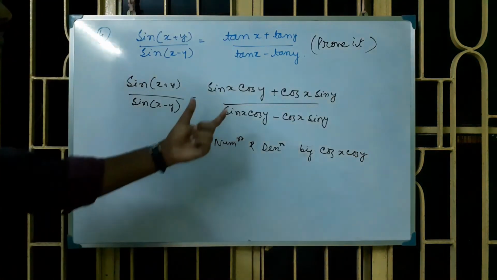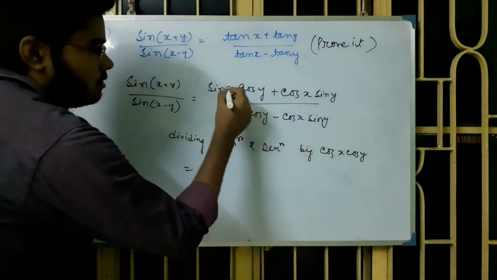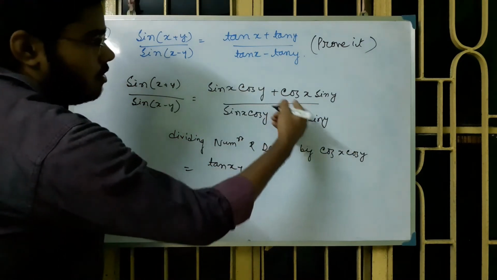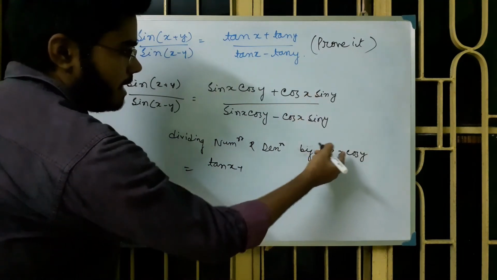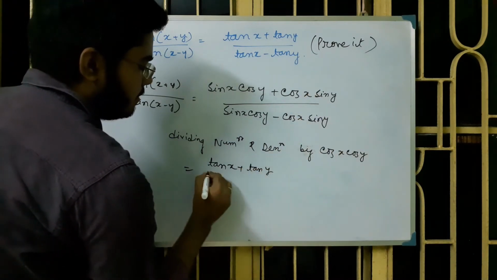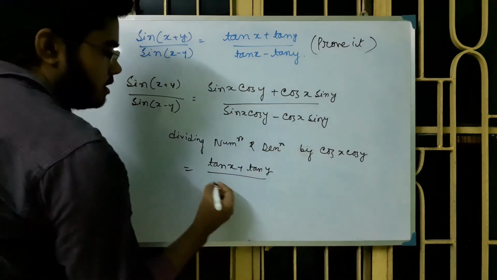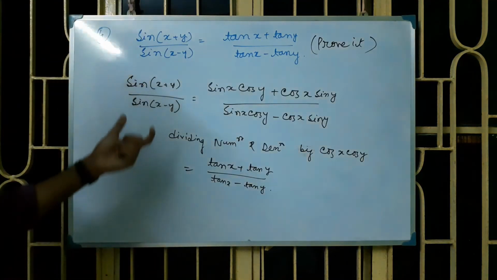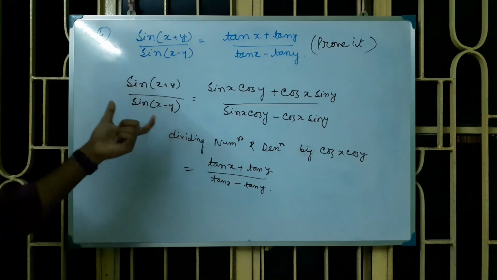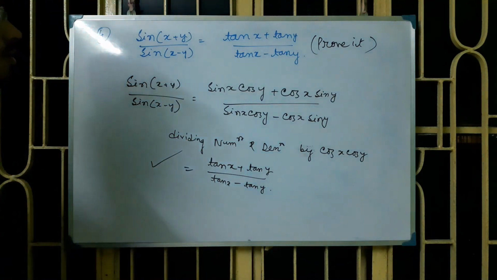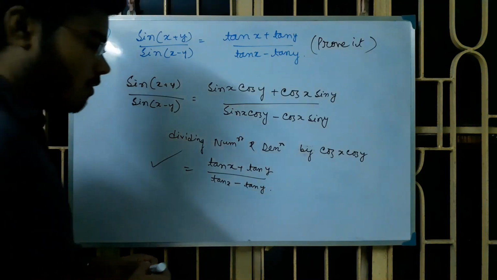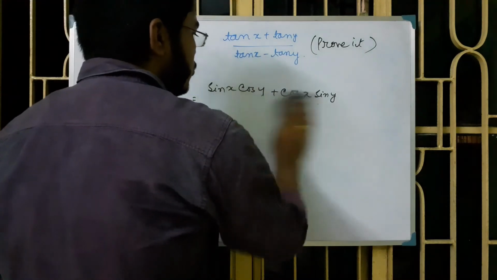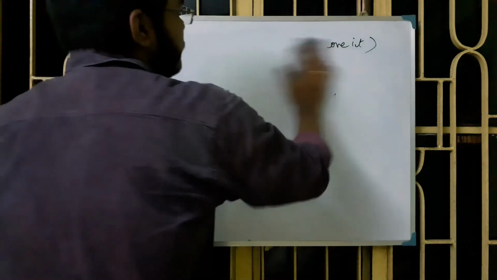Cos y gets cancelled, and sin x by cos x is tan x, plus cos x gets cancelled and sin y by cos y is tan y. Similarly in the denominator, tan x minus tan y. That's it. You have to use the formula of sine of x plus y and sine of x minus y, and divide with cos x cos y. Very simple.